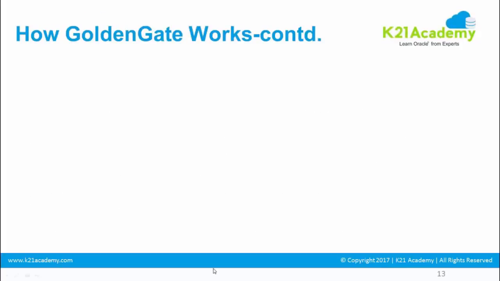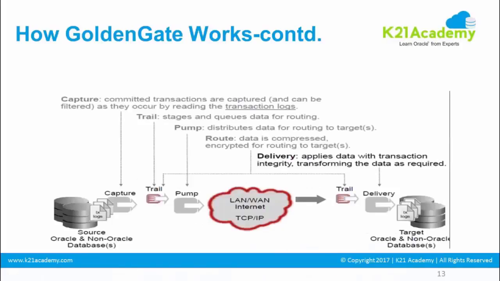So let us now move towards the architecture of Oracle GoldenGate. That is how Oracle GoldenGate works. The advantage of GoldenGate is that it can replicate data between heterogeneous databases, and it can work on heterogeneous platforms as well. Your source database could be Oracle or non-Oracle, and the target could be Oracle or non-Oracle.